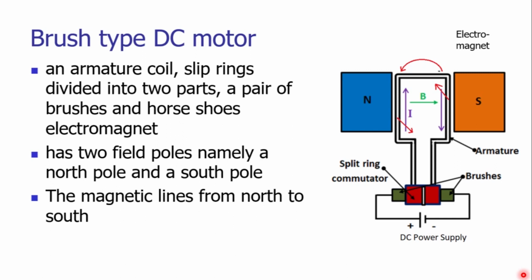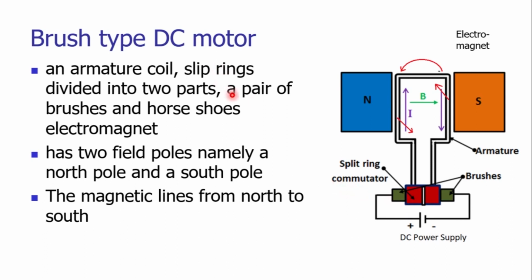The construction of DC motor is very simple. It has an armature coil. On your screen you can see the schematic of the DC motor. So there is an armature coil. We are applying the DC power supply across this armature coil.